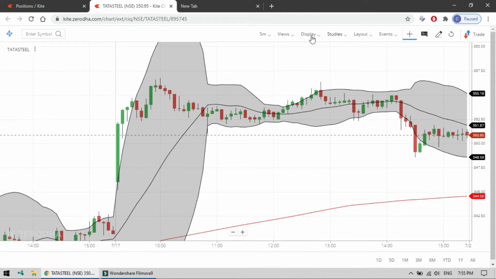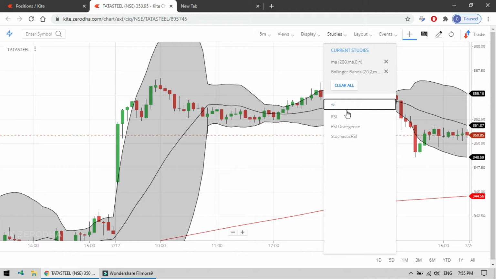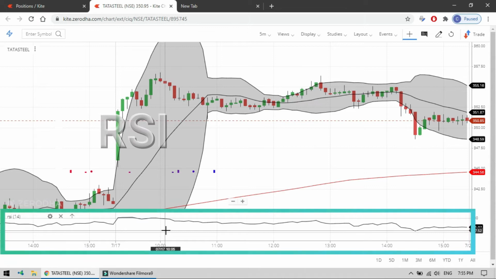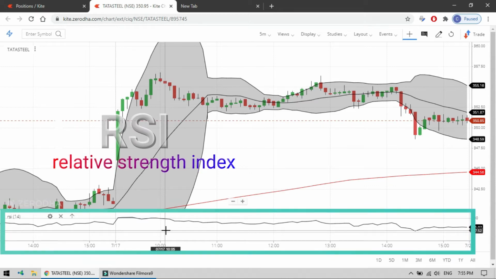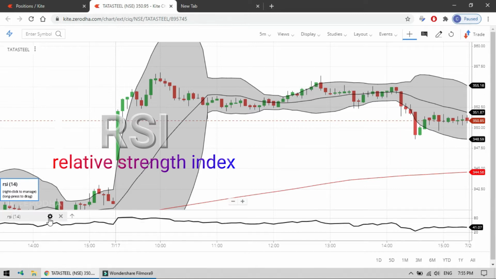So from the menu button I have searched for RSI. I'm using this study which is called RSI. This is a very basic tool, called Relative Strength Index, which helps you to identify overbought and oversold positions.